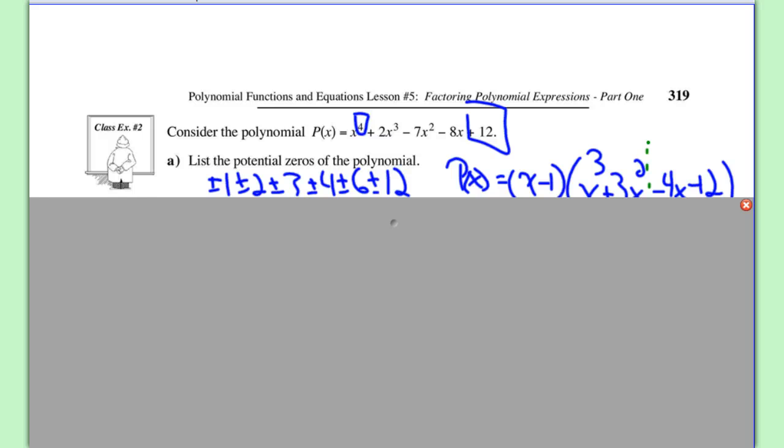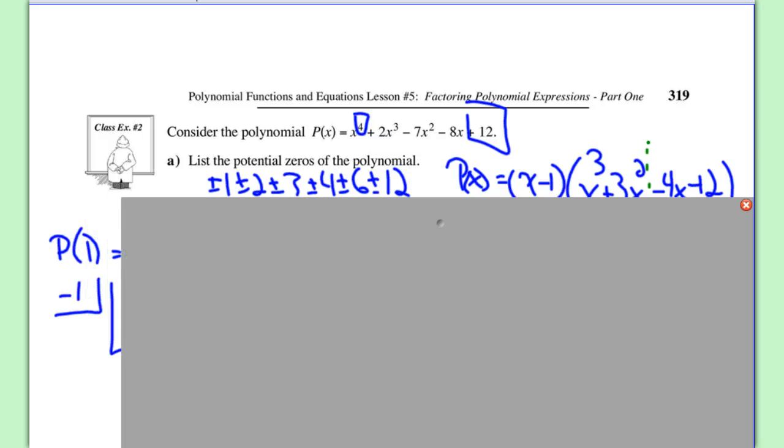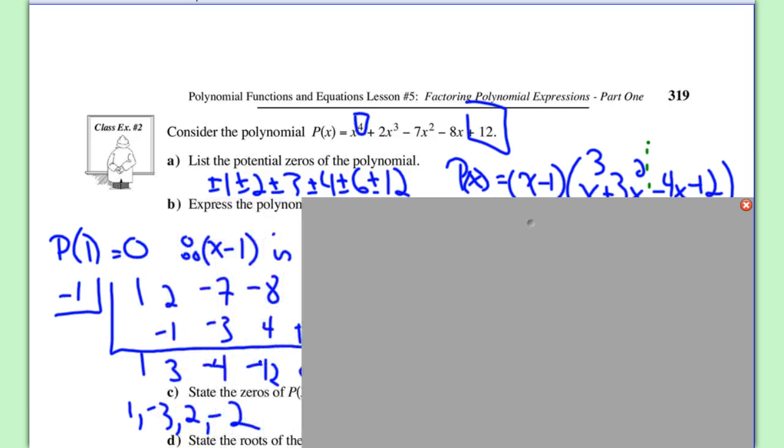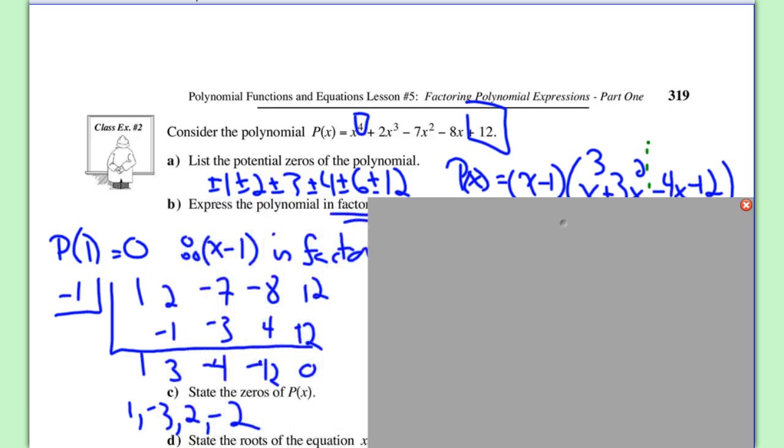So the first thing I find out is I test out 1, and I tested out p at 1. And if I plug in 1, I got 0. And what does that mean? And I want you to show your notation like this. So if p at 1 gives you 0, then you write a little statement beside it. Then x minus 1 is a factor, okay? And once you know that x minus 1 is a factor, you go and you say, oh, I will divide it out, right?